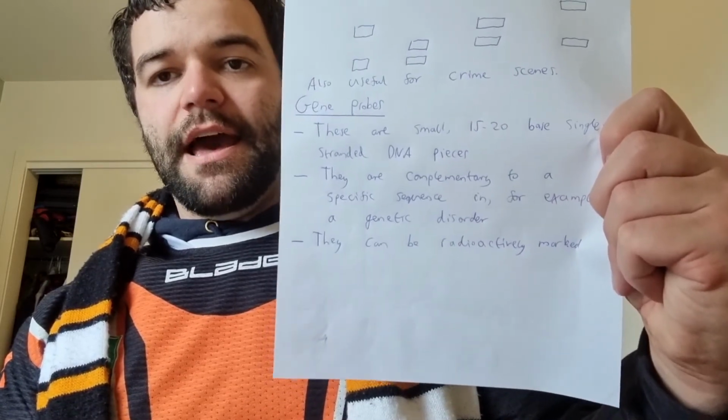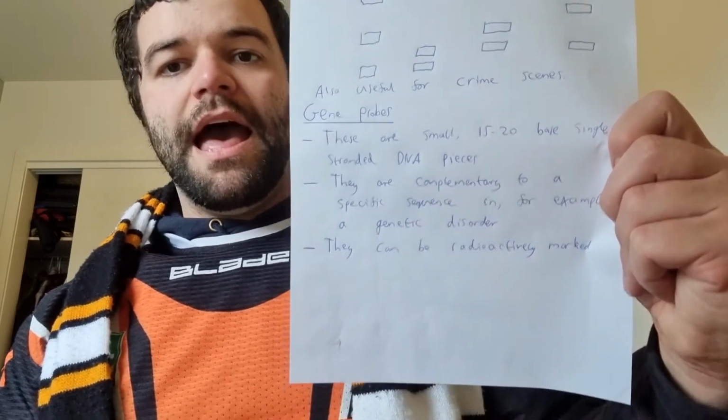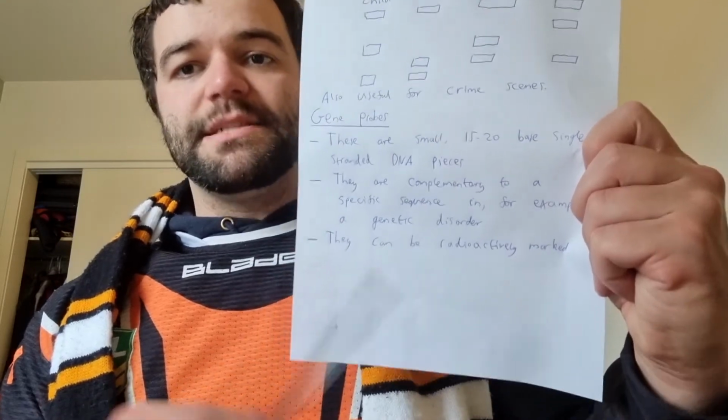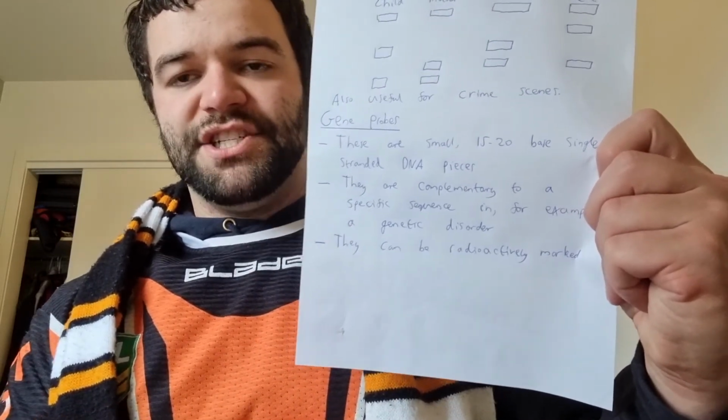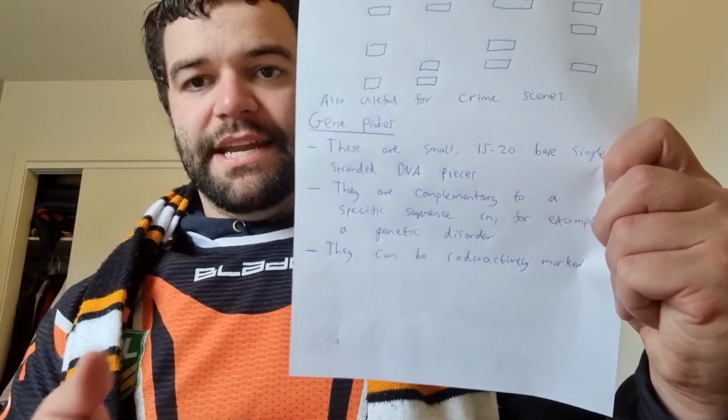And theoretically, if the gene that we're studying is present, it should bind to it. And probes can be radioactively labeled as well. So we can just then put a radiation detector over it, and if we see it's attached to a bit of DNA, that would indicate that that gene is present in the sample.